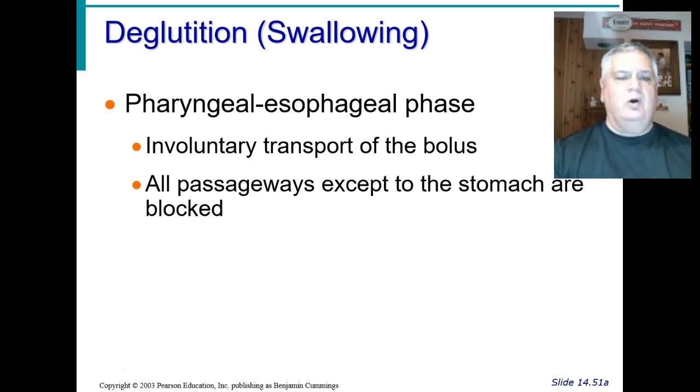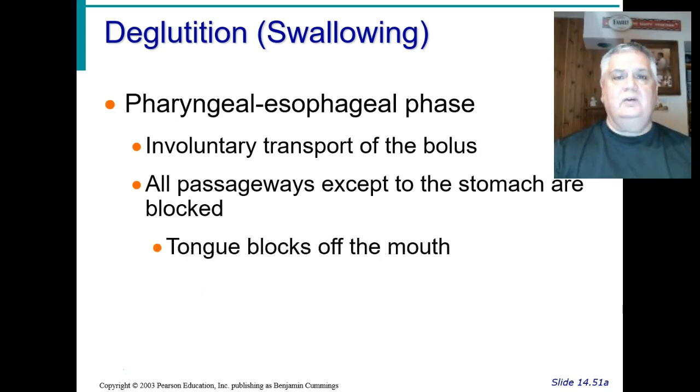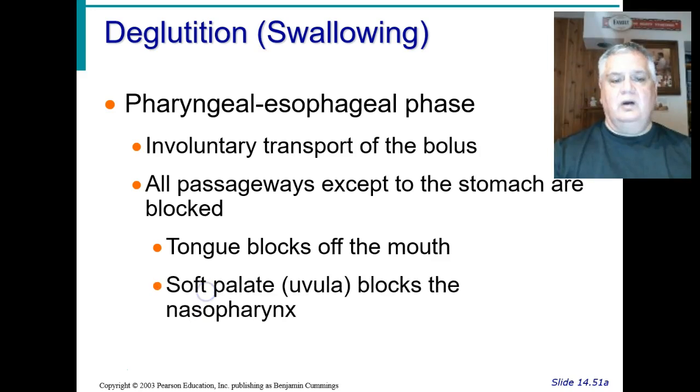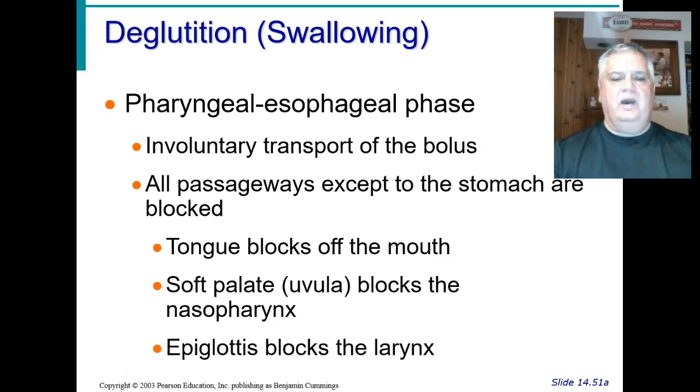At this time, all the other passageways, except to the stomach, are going to be blocked. The tongue, you already lifted it up, that's going to block off the mouth. The soft palate, or the uvula, is now going to lift and block off the nasopharynx so the food doesn't go back up into the nasal cavity.